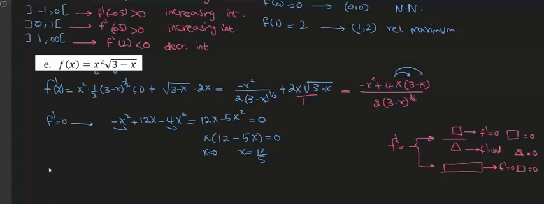And then we will take f dash equals undefined, and this will be taking the denominator, 2 times 3 minus x all to the power of half, equals 0. And of course, what we are going to do here is square both sides to get rid of that half. So we are going to have 4 times 3 minus x equals 0.